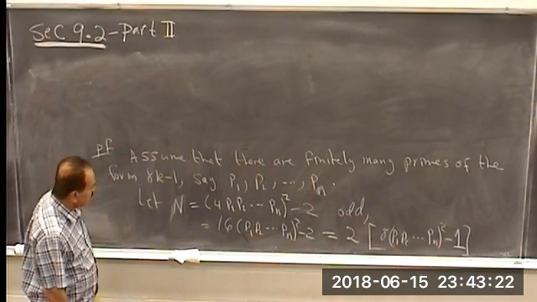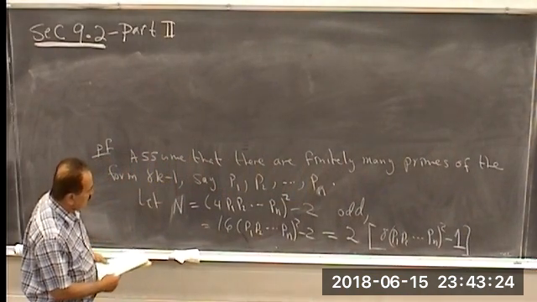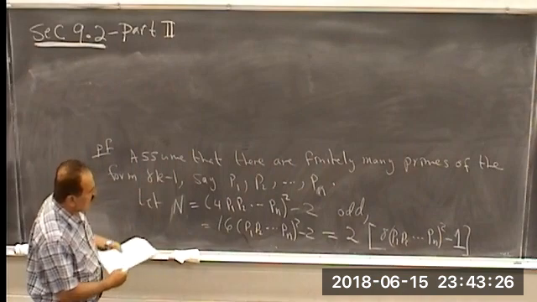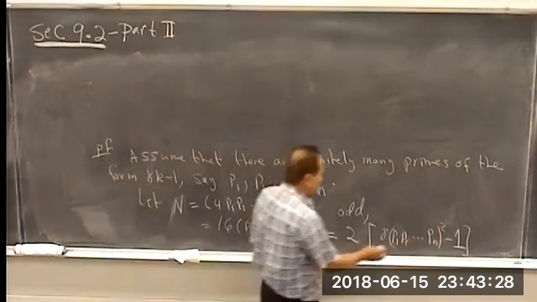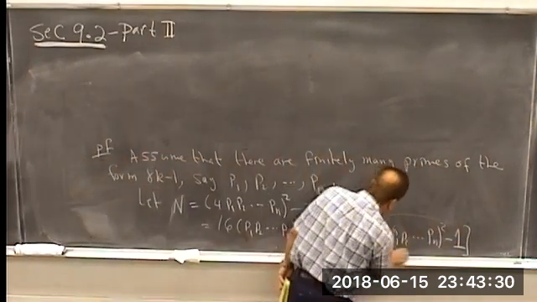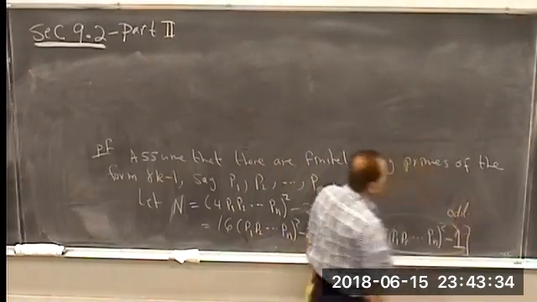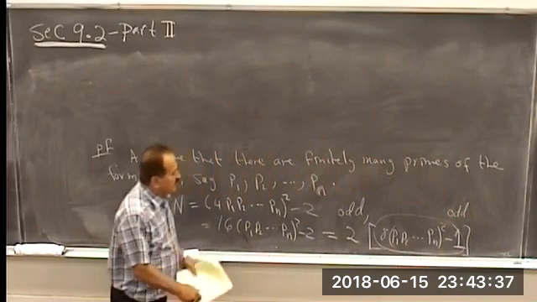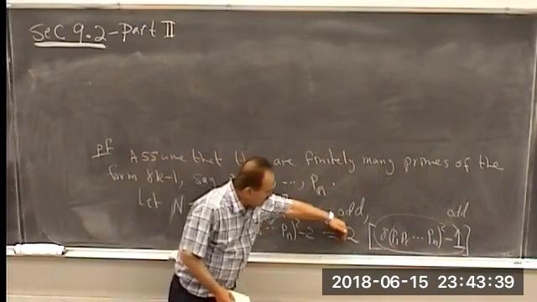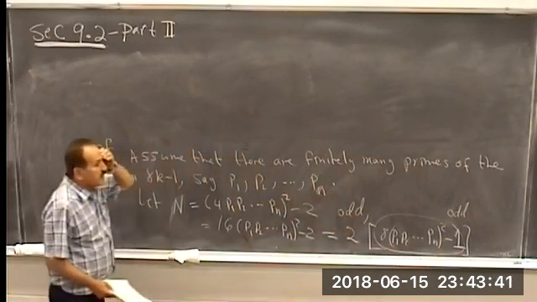Well, actually, this one is even and this one is odd, okay? So this is odd. All right. So it has a 2, and then the other part of it is odd.